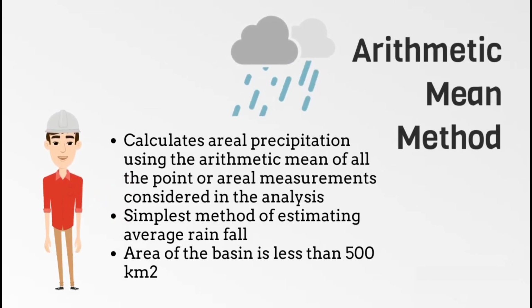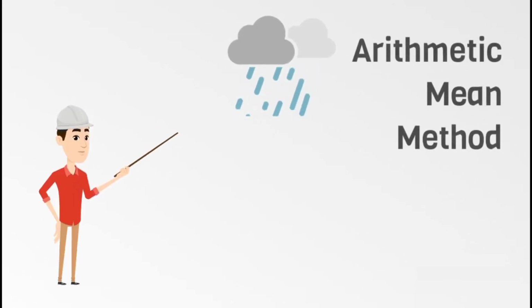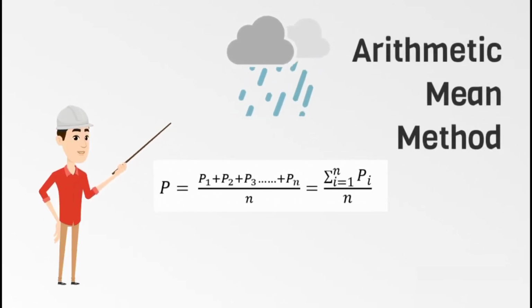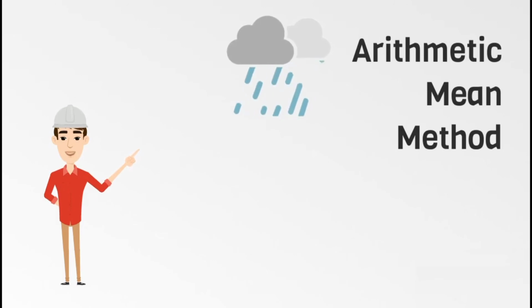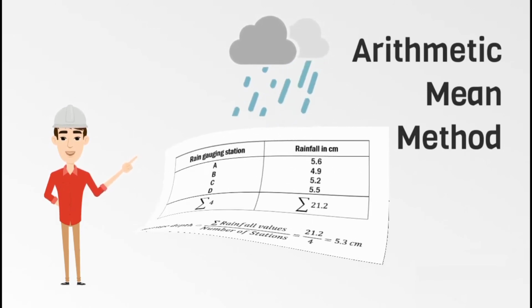When the area of the basin is less than 500 square kilometers, this method implies summing up all the rainfall values from all rain gauge stations and then dividing it by the number of stations in that basin. The formula for the arithmetic mean method is given below. The method becomes very clear by the use of tabular form. Here's an example.